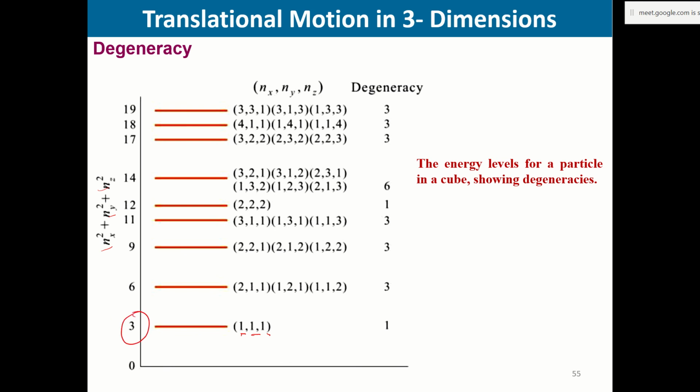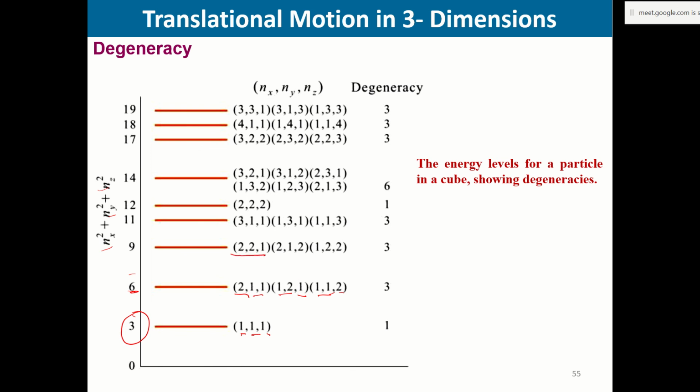But when you go to the next energy level, 2 1 1, 1 2 1, 1 1 2, this corresponds to this particular energy. You have three different ways of achieving that energy, so the wave functions will be different, oriented differently along x, y and z, and yet having the same energy.